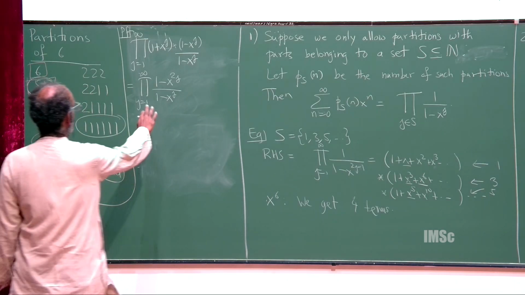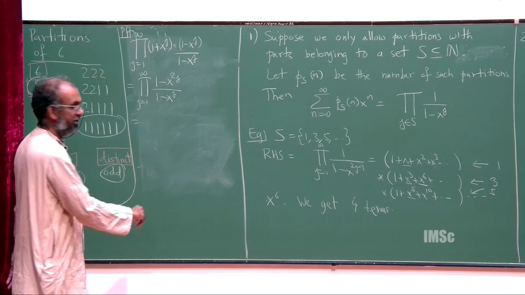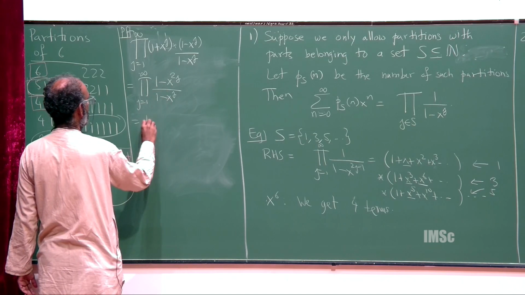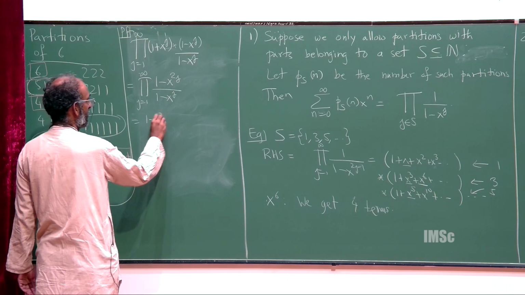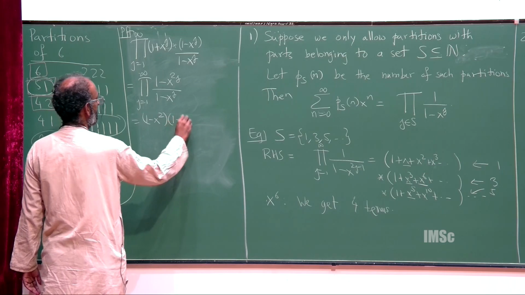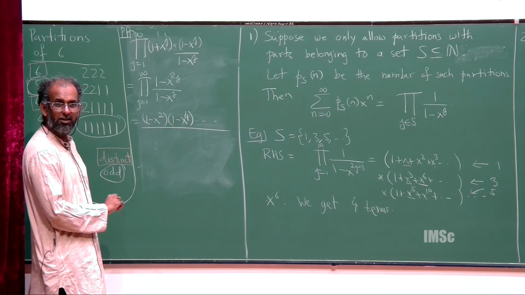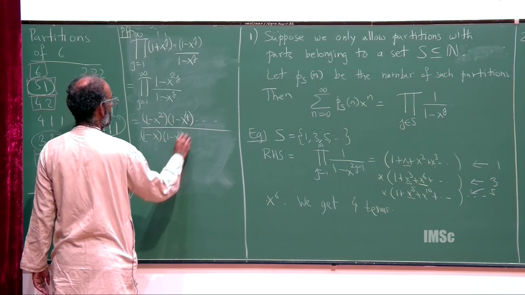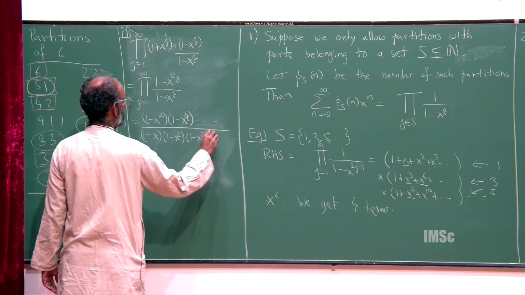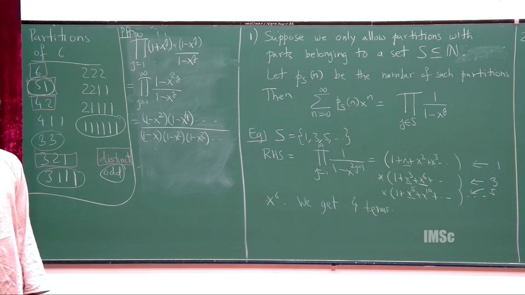So let us look more carefully at this. I will just write the individual terms. We will write the first few terms. I have 1 minus, what is the first term? 1 minus x squared, x^4, etc. And in the denominator, 1 minus x, 1 minus x squared, 1 minus x cubed, etc. Now you see what's happening.